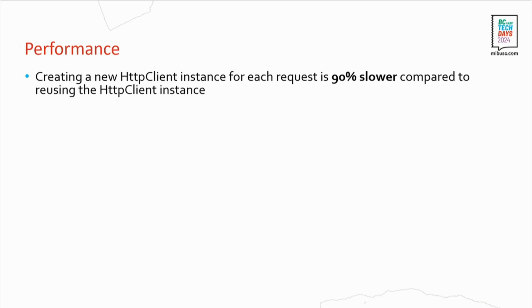The point is that if you are going to do 10,000 calls to an external web service, maybe because you want to synchronize something, then the cost to create an HTTP client instance for every single request is measurable.